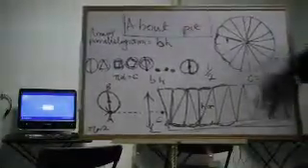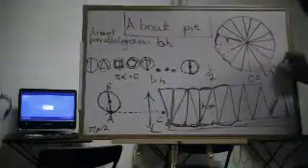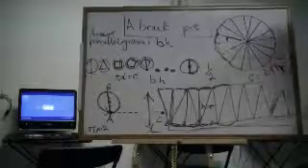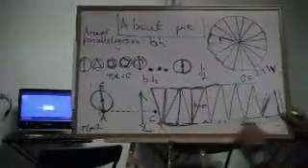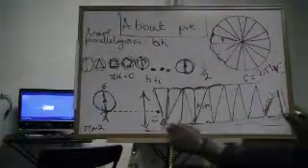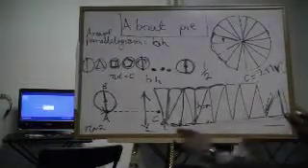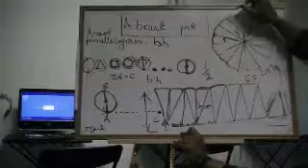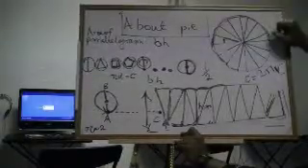So if you look at the formula for the circumference of a circle, 2 times pi times r. This parallelogram has a base and a height. The base is the length of these triangles rowed up from here to here, which is half of the circumference.